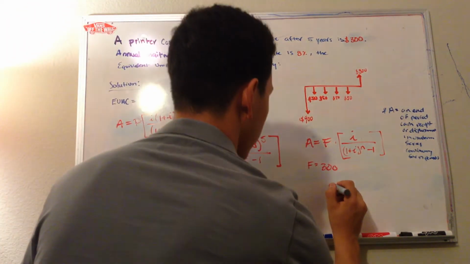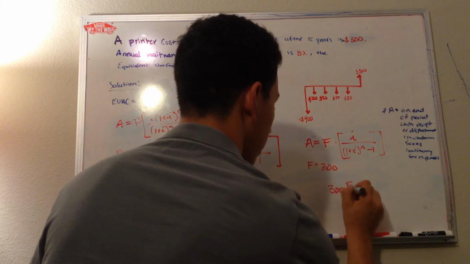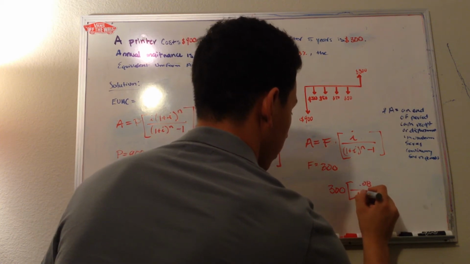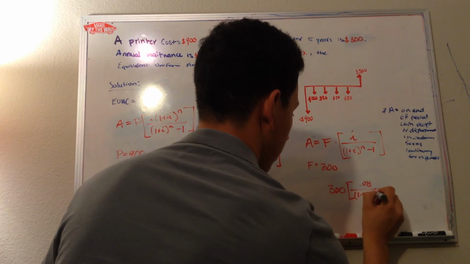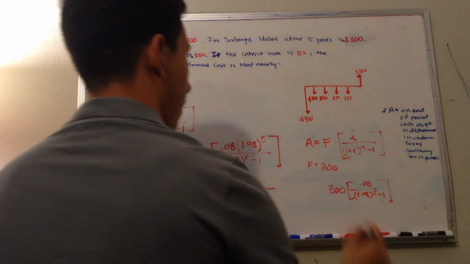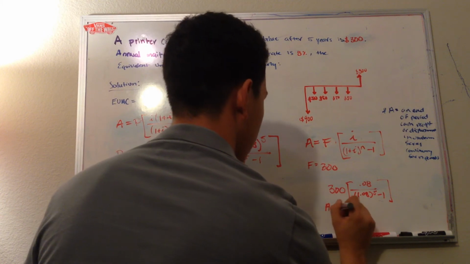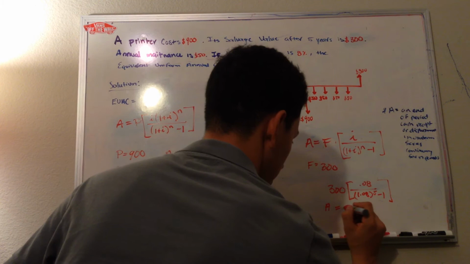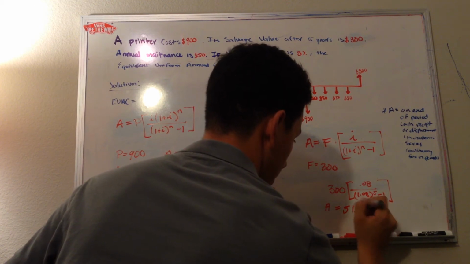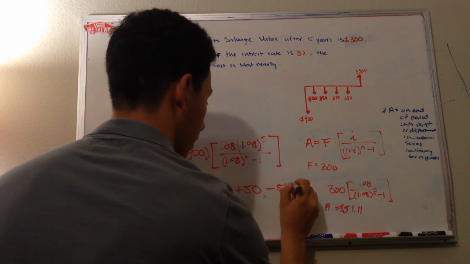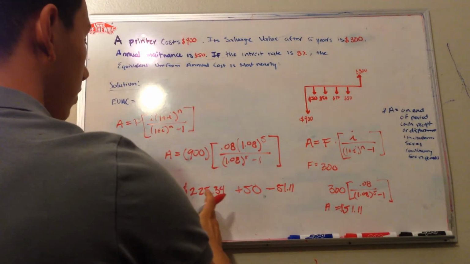So if we plug everything in, we have 300 times 0.08 divided by 1.08 to the 5th minus 1. And that turns out to be somewhere like $51. It's $51.11. So we're going to subtract $51.11 from this.